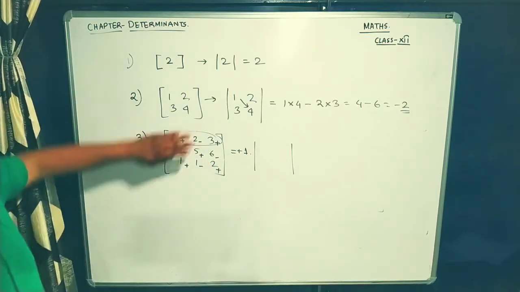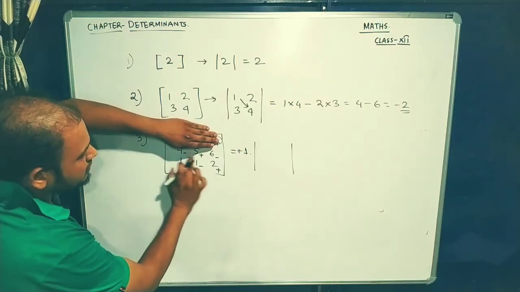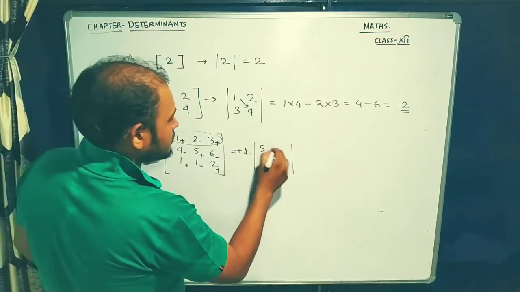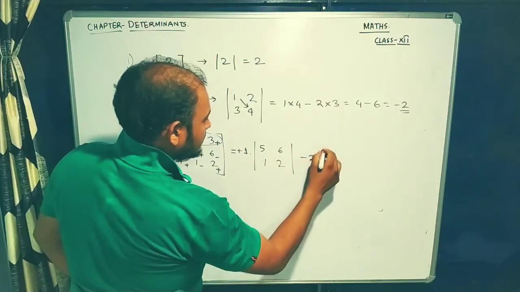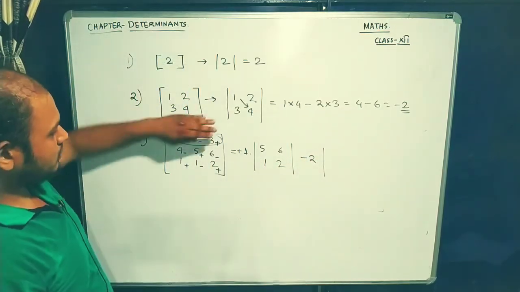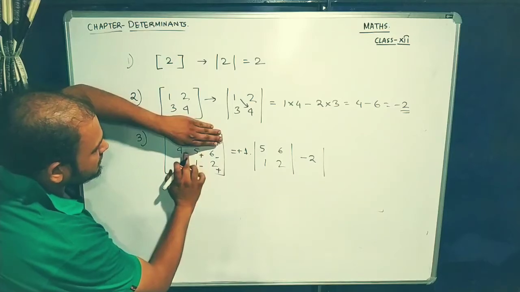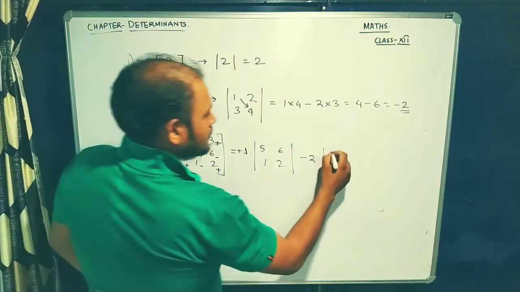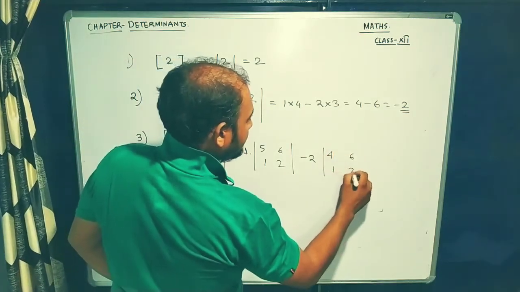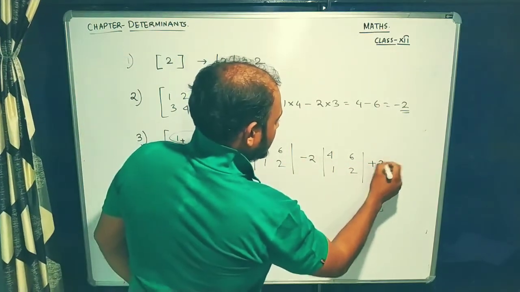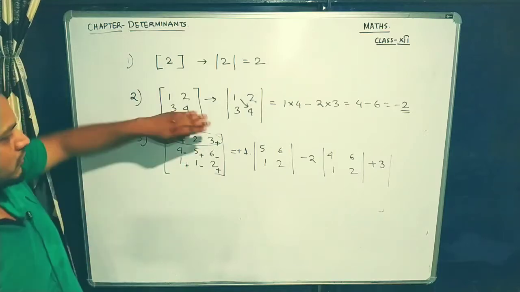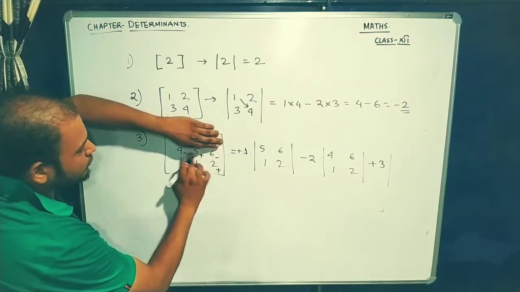Then hide the row and column to which it belongs: 5, 6, 1, 2. So write 5, 6, 1, 2. Next number is 2, with minus sign. Place it here. Then hide the row and column. We see it is 4, 6, 1, 2. Then the next element is 3, plus 3, and hide the row and column. We see 4, 5, 1, 1.